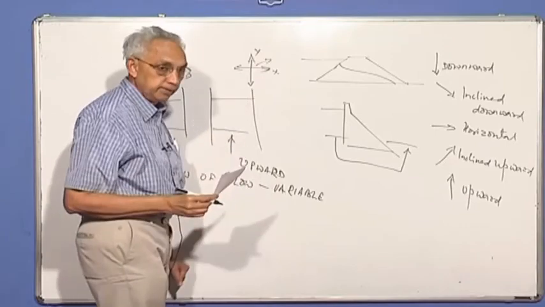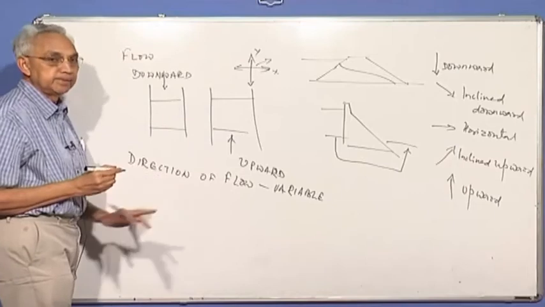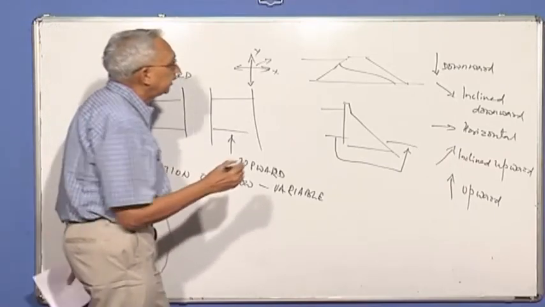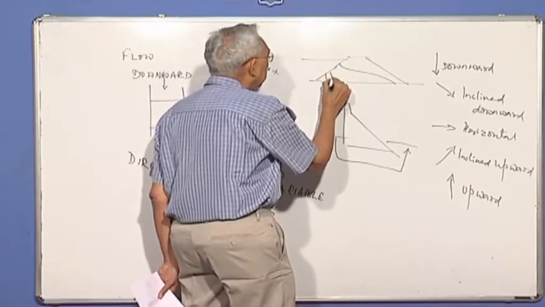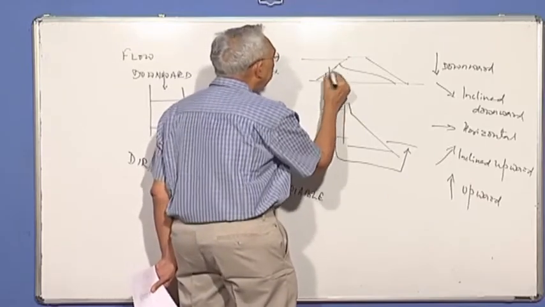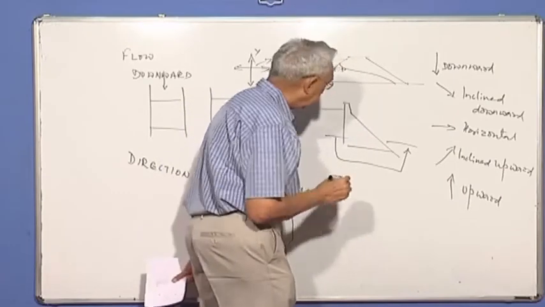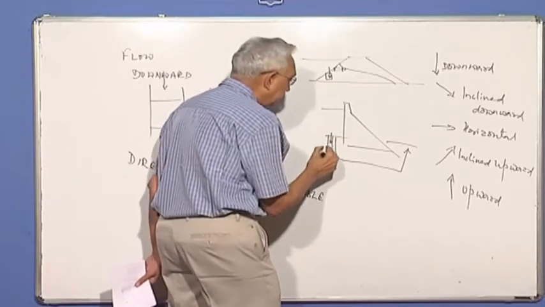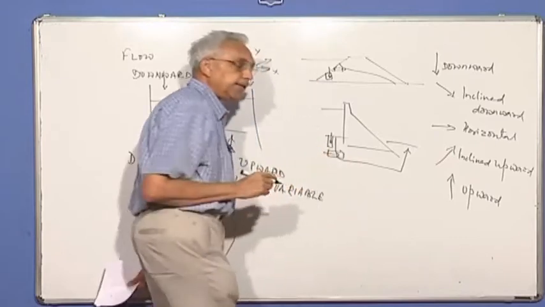So is there a directional dependence of flow? Suppose I want to test the permeability in the vertical direction. I take a sample, pushing the tube in the vertical direction. If I want it in the horizontal direction, the tube has to be pushed horizontally. Same thing here, I can push the tube vertically, or I make a pit and then push it horizontally, so that the directions are different.